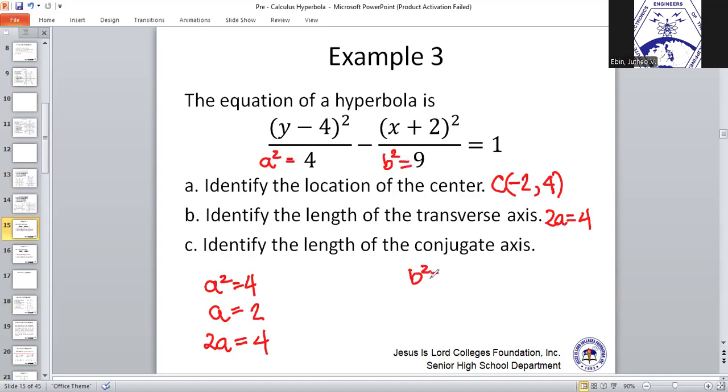So b squared is equal to 9, b is equals 3. So 2b or conjugate axis is equal to 6. So kailangan natin siyang i-multiply by 2. Okay? So ganyan kapag given yung standard form. So ganyan yung pag-extract ng mga information.